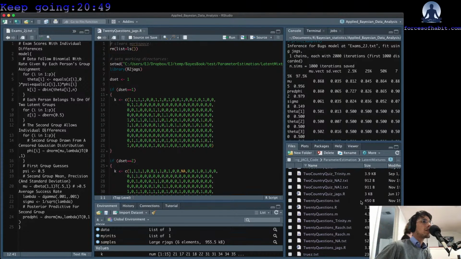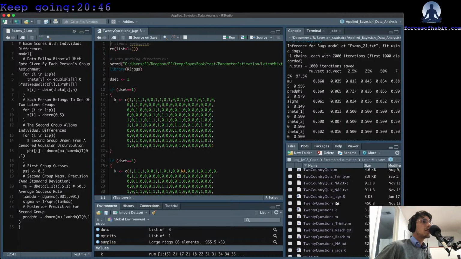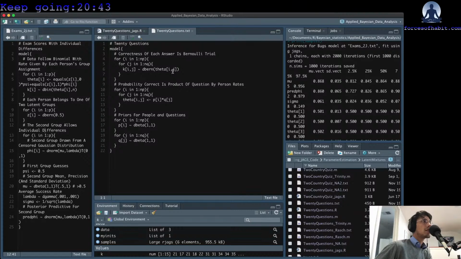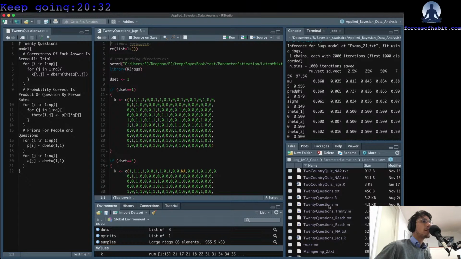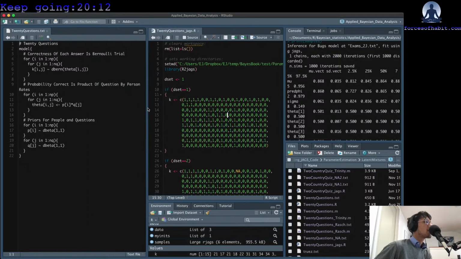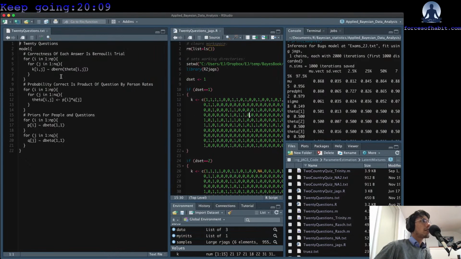And now I need the 20 questions text. It's only one text. So this model does not vary across JAGS and Stan code or WinBUGS code. Taking a look at the model then.